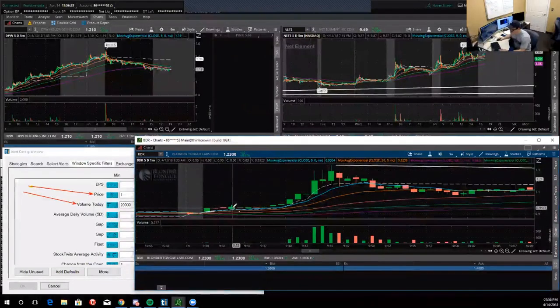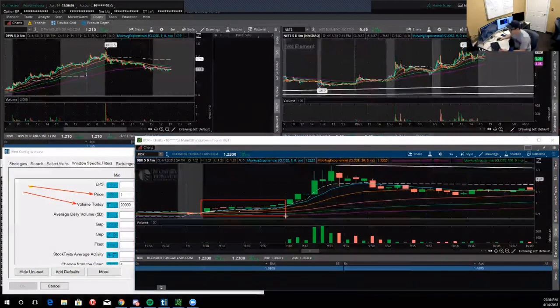At 9:33, a couple minutes into the bell, it's only traded probably 20,000 shares of volume. We're only at maybe 50,000 shares of volume. We don't even hit 100,000 shares of volume until 9:40, 10 minutes into the bell, before we actually start moving. So throughout this whole time period, we hadn't even hit 100,000 shares of volume.